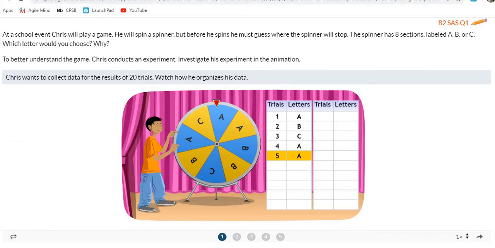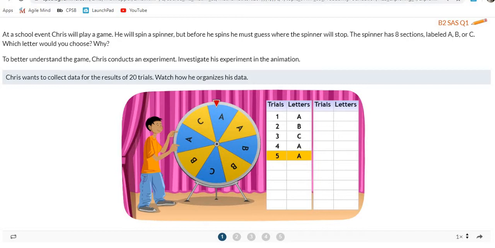A. Our theory said A and B should probably be close to tying for first. Is that the case right now? No. And then our theory also said C should definitely be in last. Is that the case here? No. It's tied in last.